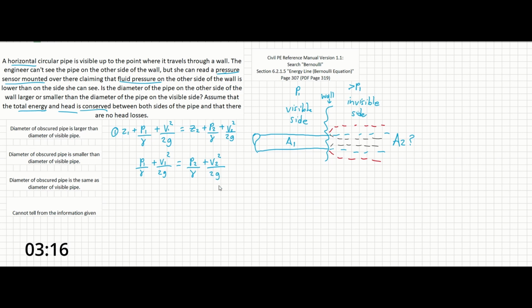Now there's one more thing we can tell from looking at this. It's noted that the fluid pressure on the far side of the wall is lower than on the side that the engineer can see. So let's say, just for reference sake, that P2 equals 1/2 of P1. That might make it easier to think about for some people.